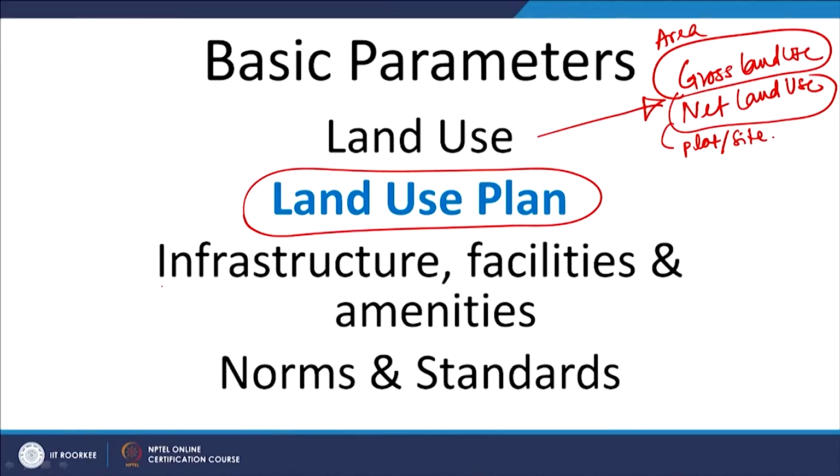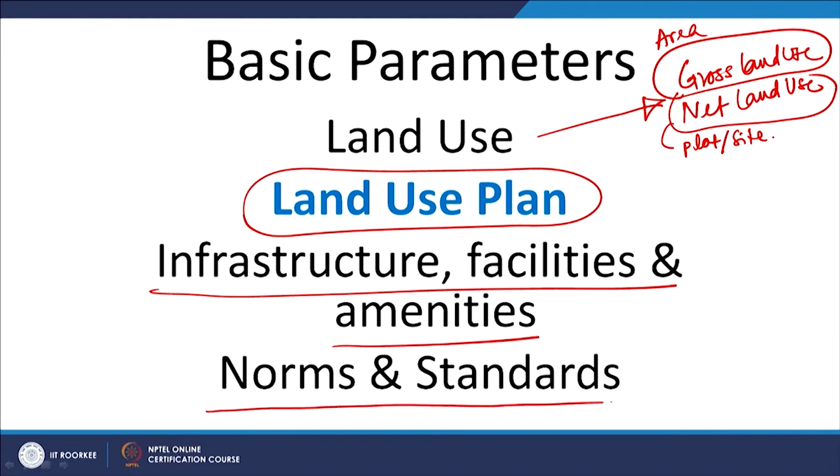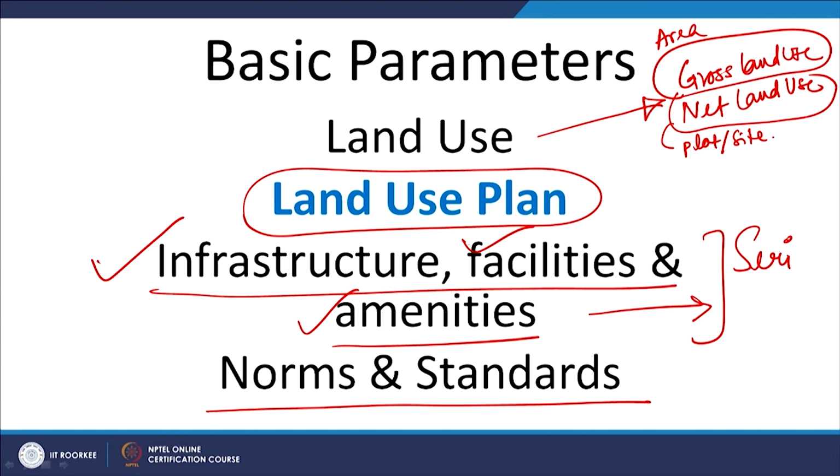Apart from that, there are infrastructure, facilities and amenities based on some norms and standards. At the end of any planning exercise, we have to specify the infrastructure, facilities and amenities for providing basic services based on norms and standards.